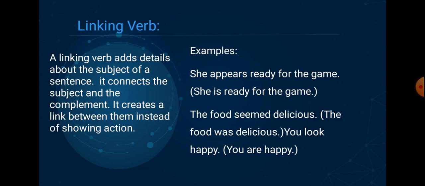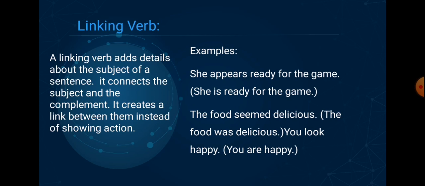If we replace the verb appear with a be verb, it will not have any effect on the sentence. She is ready for the game. So appear is used as a linking verb.